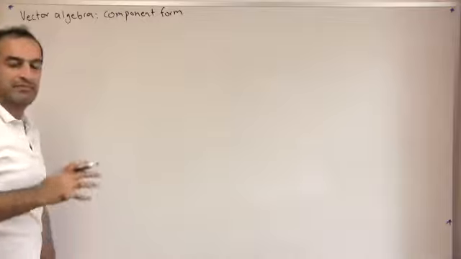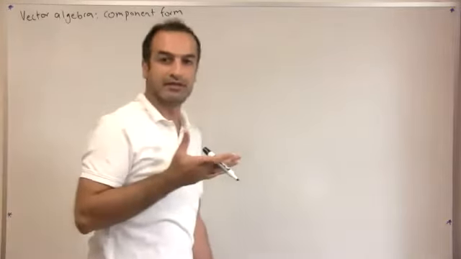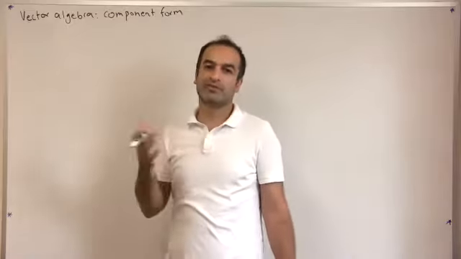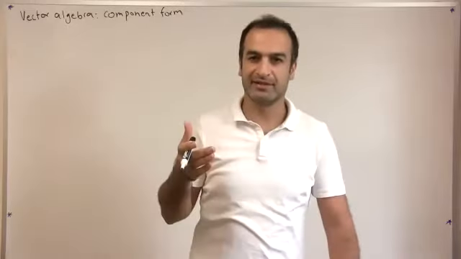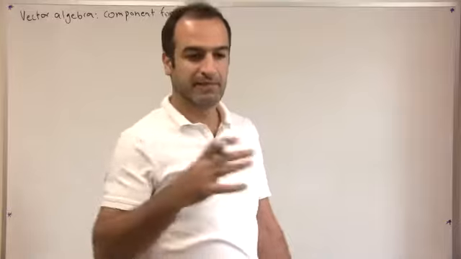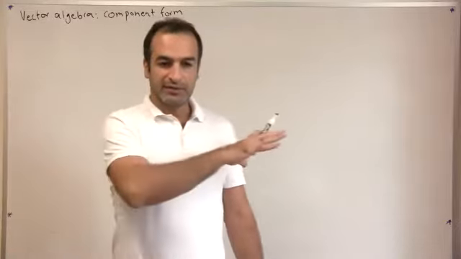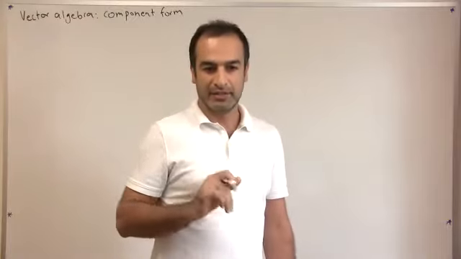This is the type of vector algebra that we use a lot in electromagnetism, and especially this course. And as you get more professional in science and engineering, you will see more and more people shift from other notations to component-based notations.